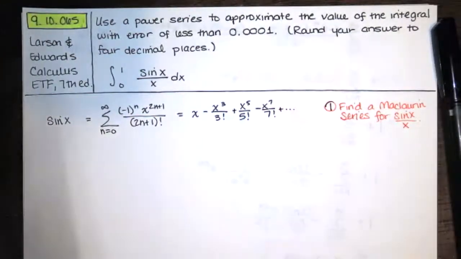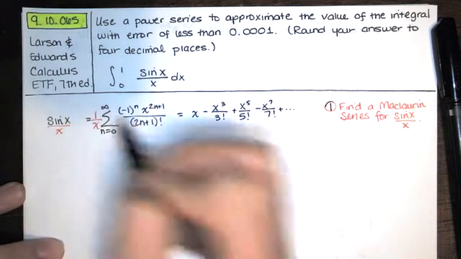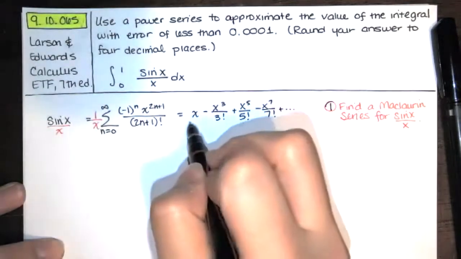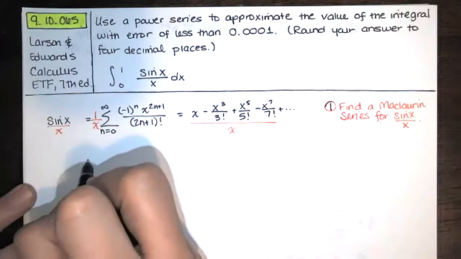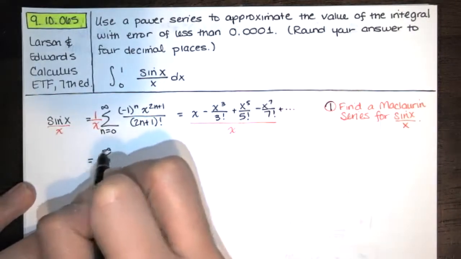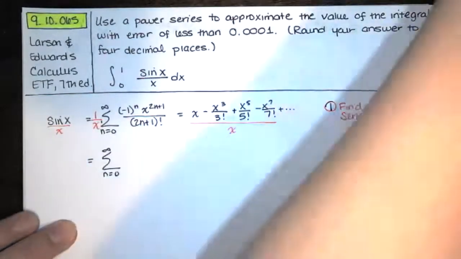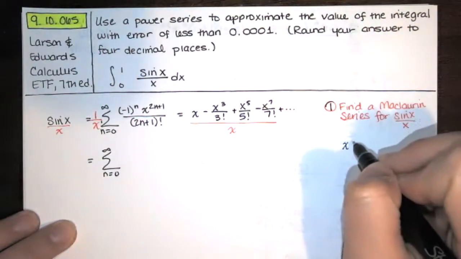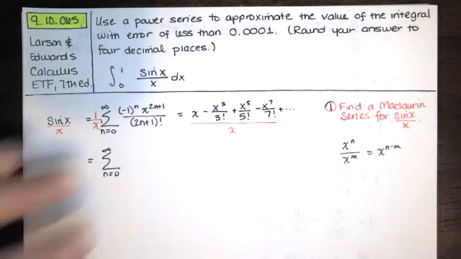We're going to take each of these terms and divide by x, so that's like multiplying by 1 over x. We remember from pre-calculus that if you've got x to some power over x to a different power, you just subtract the exponents.